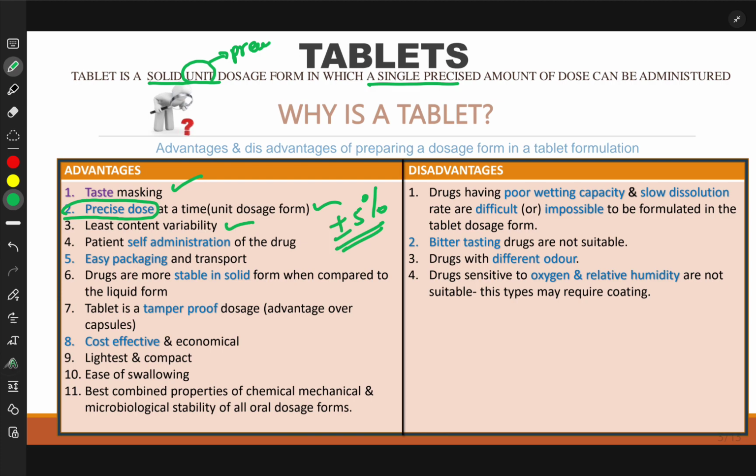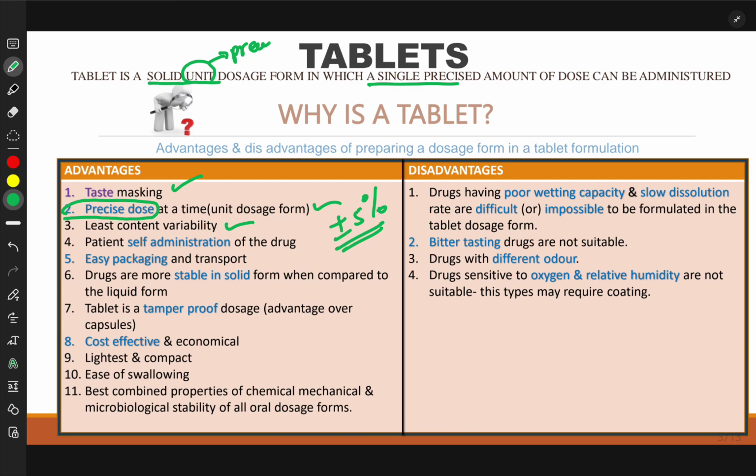Around 99.99% of the dose of the label claim is present in the tablet. So there is least content variability, and there is no difference in each and every tablet that we get into the market.